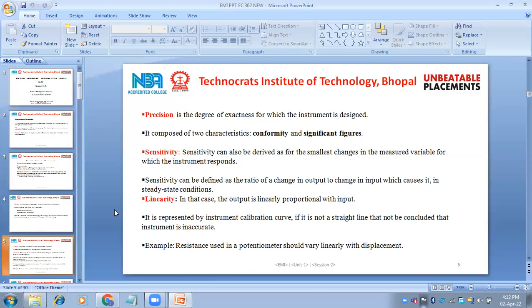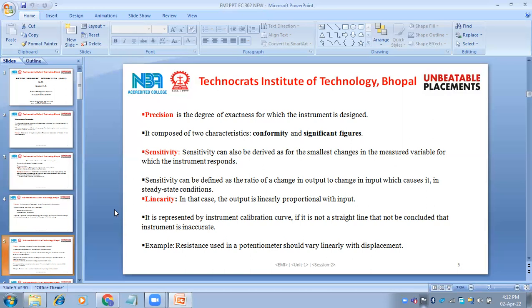What is linearity? It is the characteristic that the output is linearly proportional to the input. That means if we apply some input and slowly change it, we observe similar changes across the output.